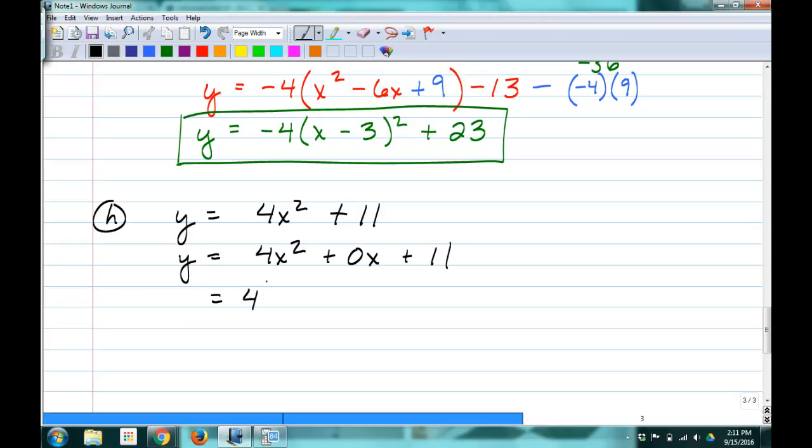Factor out the 4. 0 divided by anything is going to be 0. The 11 over there. Then we're going to take half of b. What's half of 0? 0. What's 0 squared? 0. So technically I'm adding 0 and subtracting 4 times 0, which is 0.